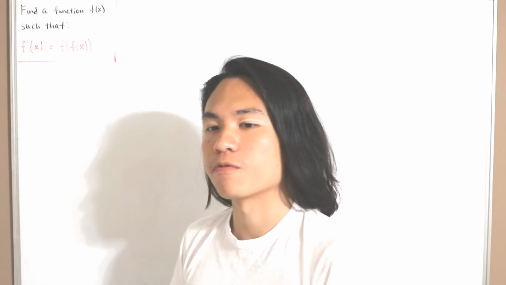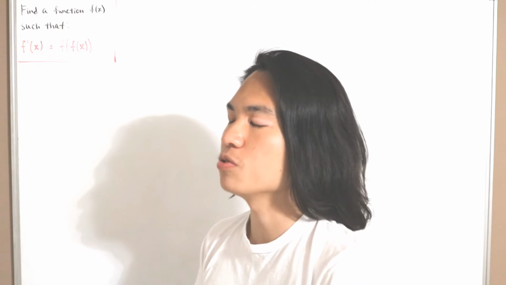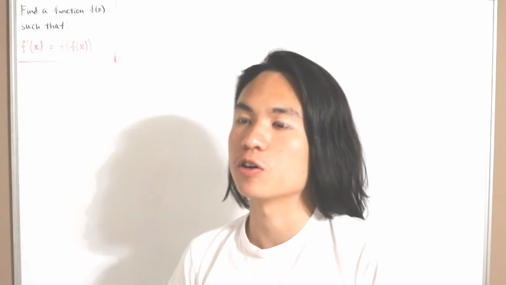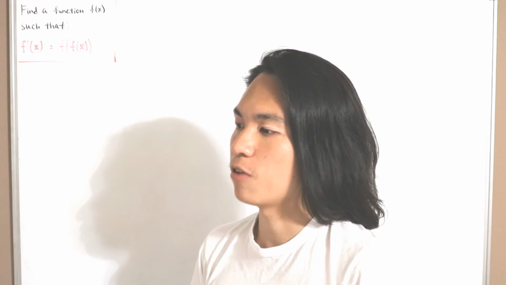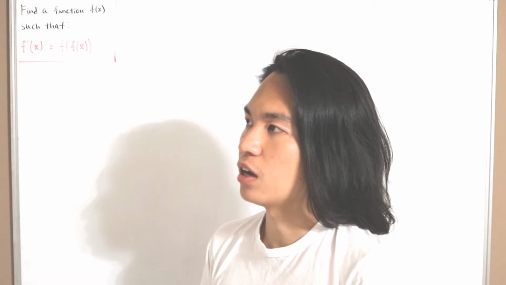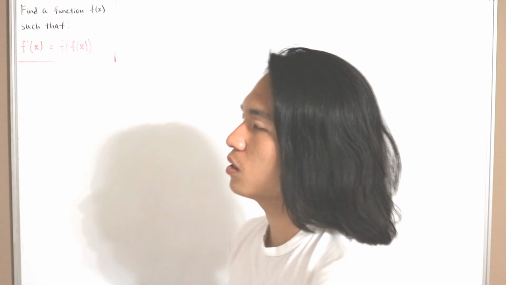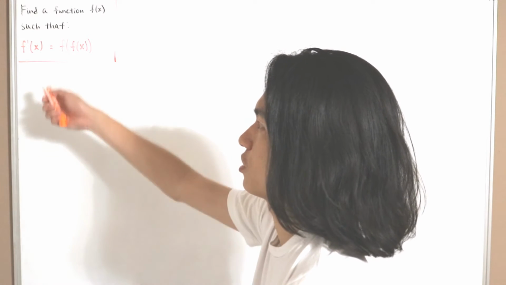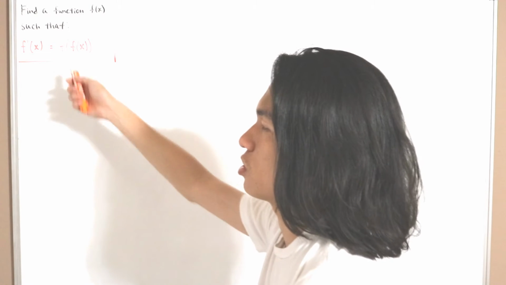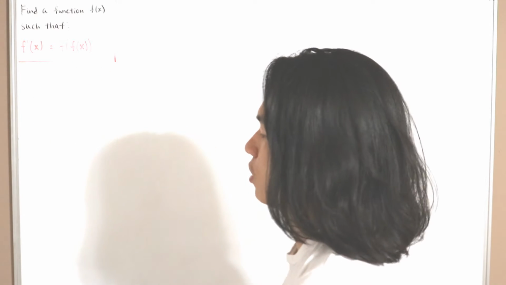And in order to do that, we would have to make a guess of a function of our choice and verify that we actually can achieve the condition that we want to show.